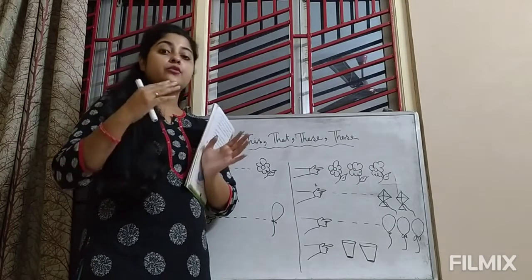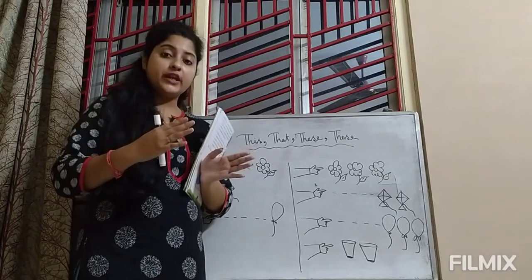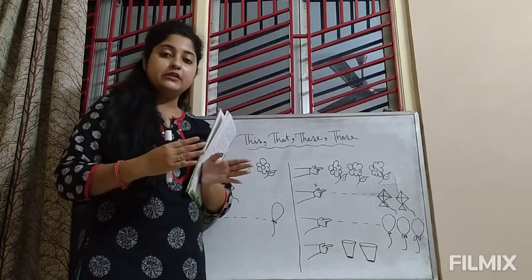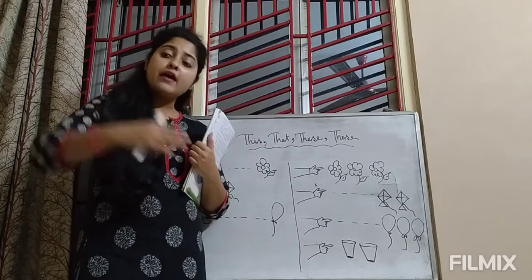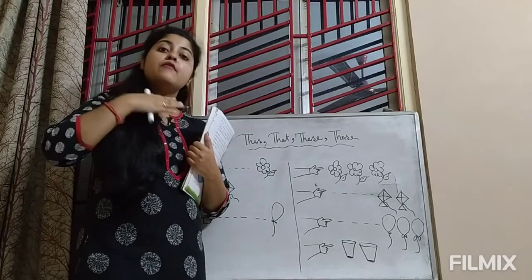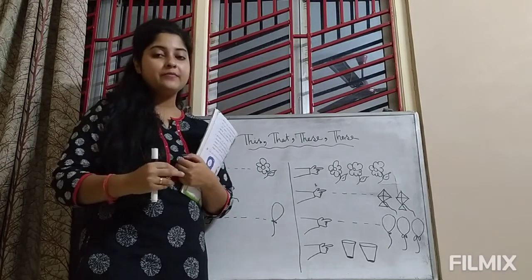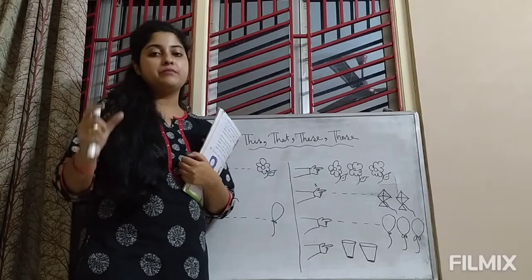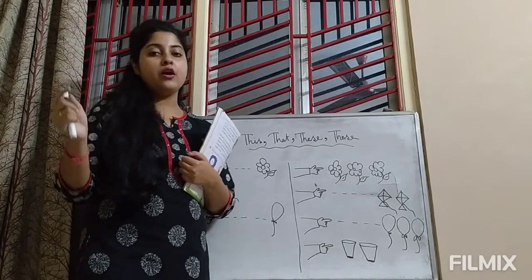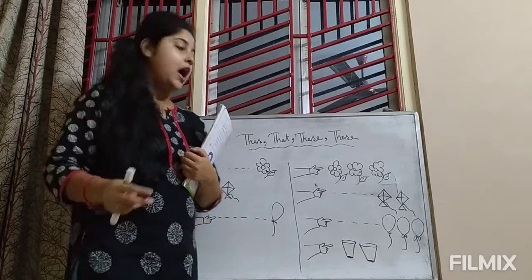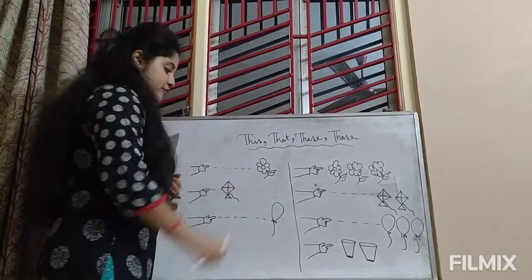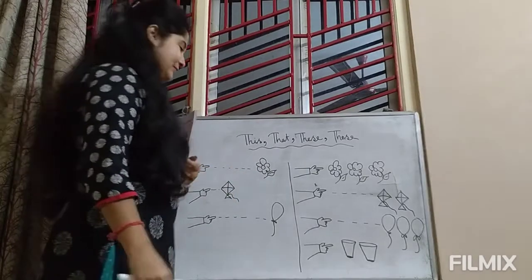Fine. And when any object or person or animal will be far from us, that time we will use that to describe that person, object or animal. All of you can see that I have drawn some pictures.